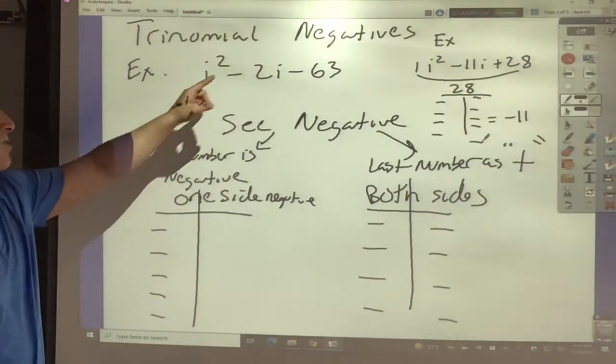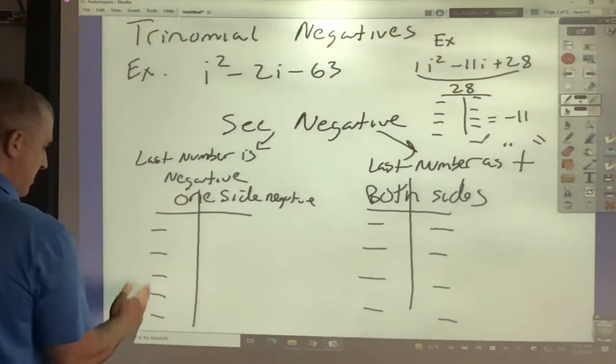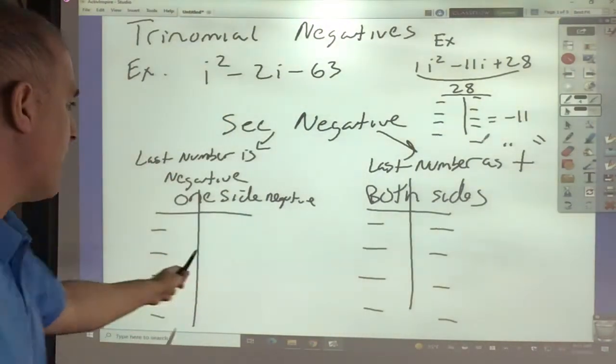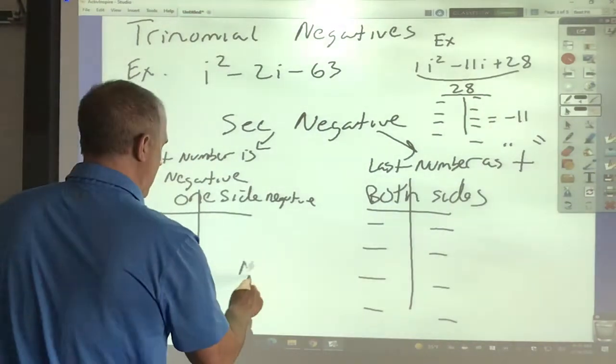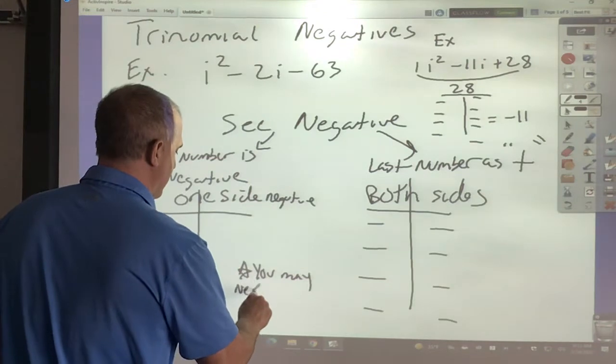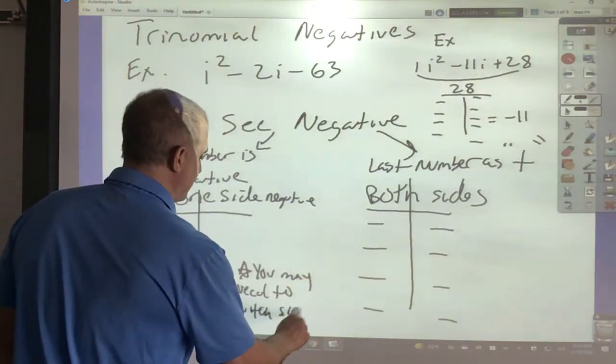Now, when you have a number at the end that is negative, this times this will give you this, and this has the potential. You have to be careful of this. I'm going to put a little star. You may need to switch the sides that are negative.